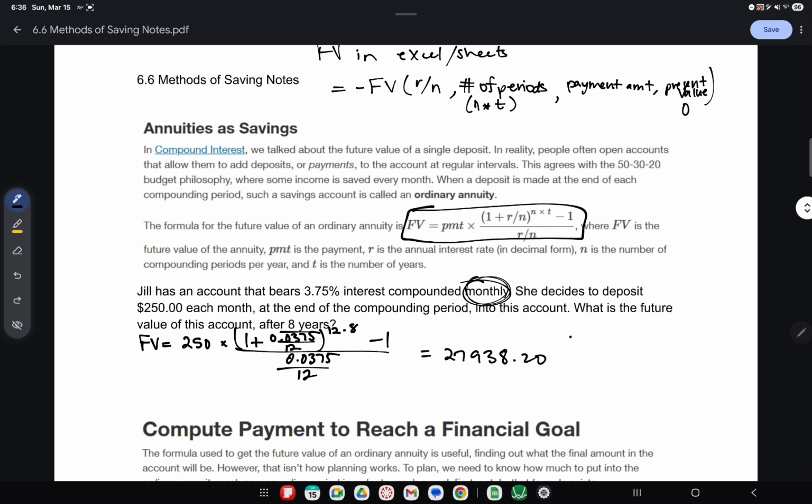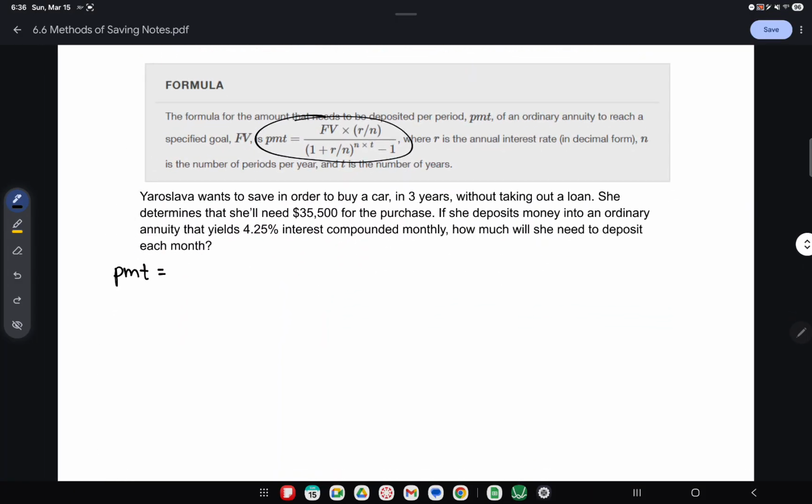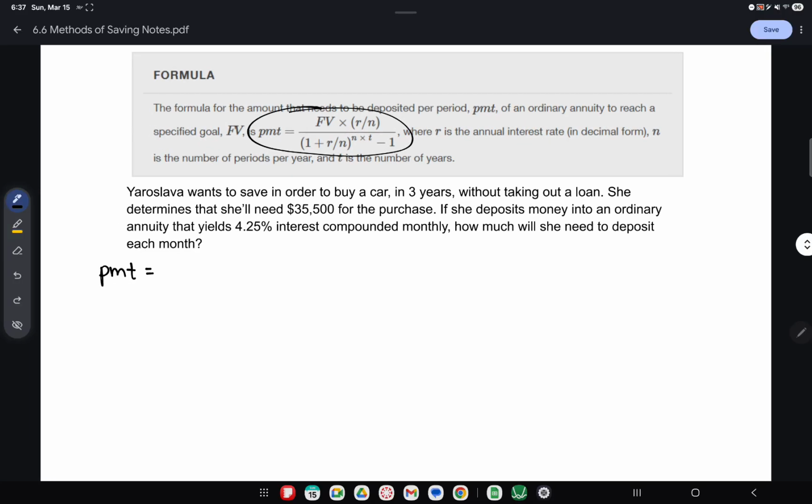All right. Let's see here. So we want to save for a car that we're going to get in 3 years. We need this amount for the purchase. And if we're doing an ordinary annuity that yields this interest compounded monthly, how much do we need to deposit?